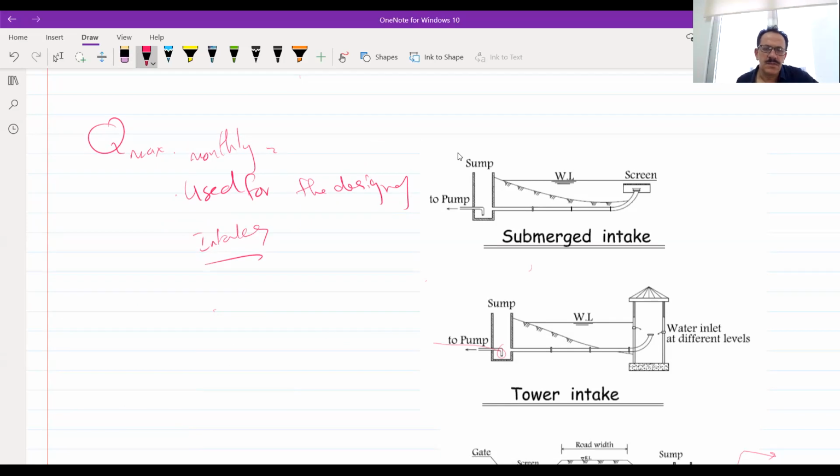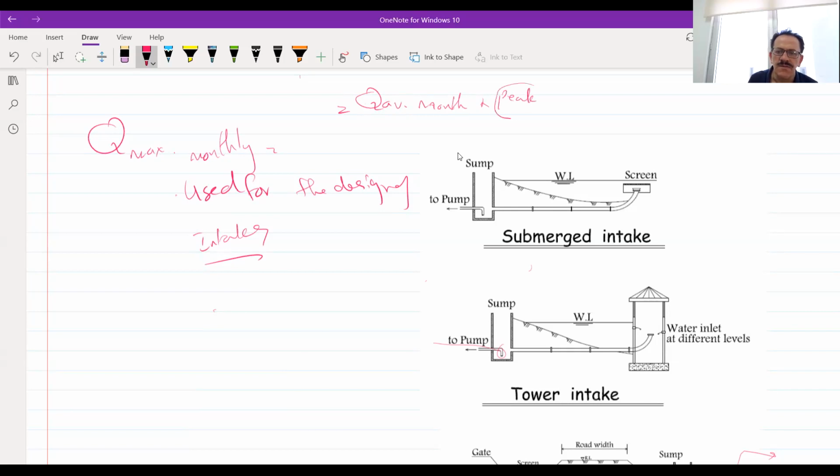That means I have to find the Q average monthly, then multiply it by the peak factor to get the Q maximum monthly.